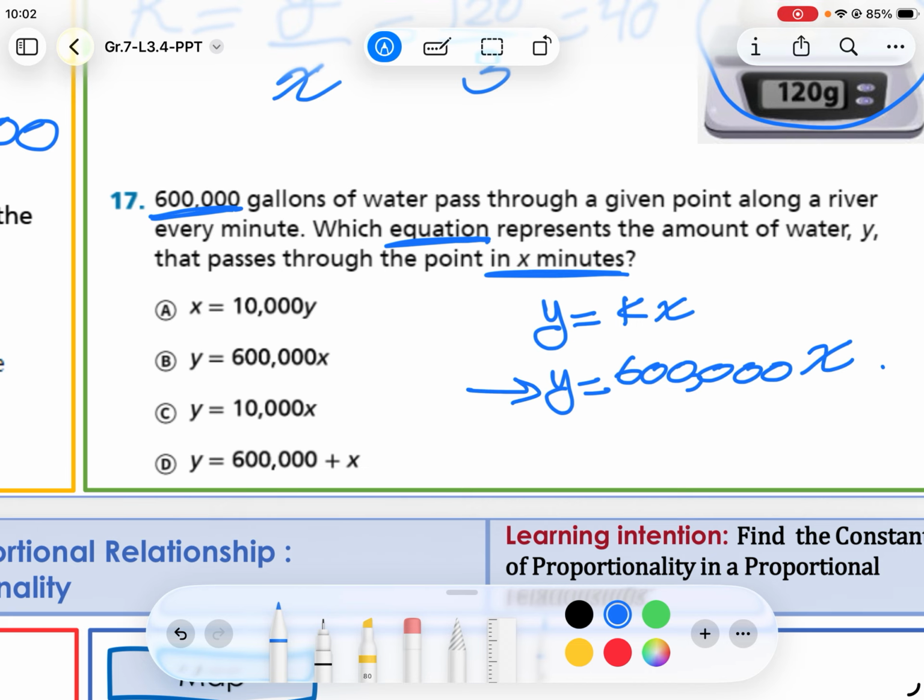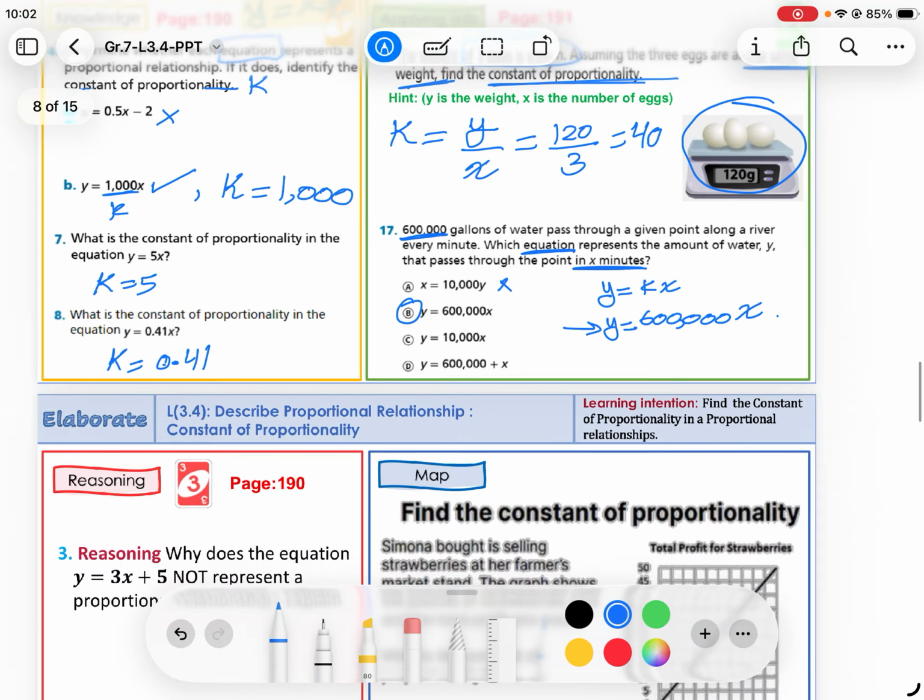Is it the first one? No. Second one? Yeah, so that will be your answer. Third one, the number is wrong, it's 10,000. And here they added x, we don't add x, we multiply it. Okay? So when they tell you equation, just think of y equal kx and try to find the value of k. Then write your equation.